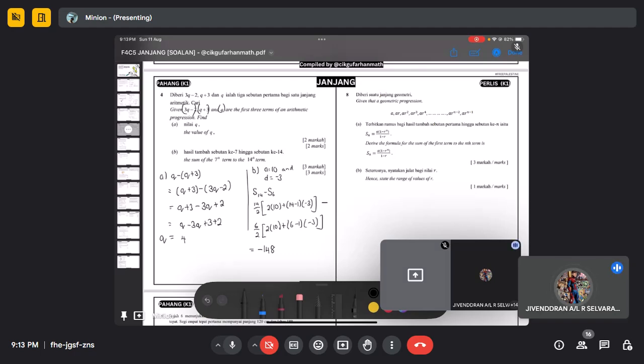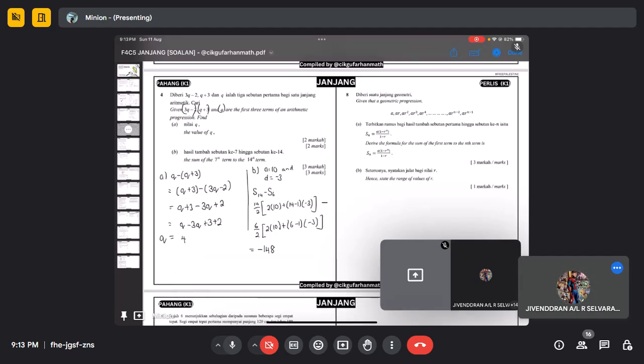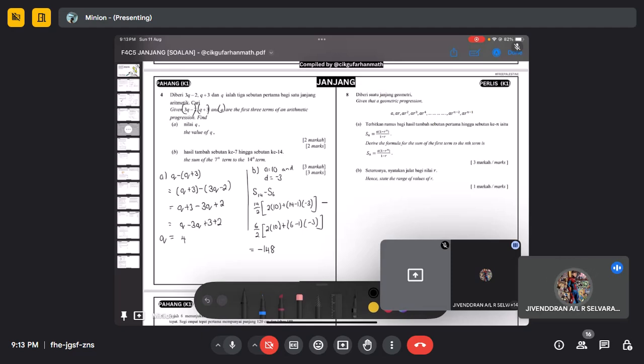Okay, and then for b they're asking for the sum of the 7th term to the 14th term, so there are 7 terms in between. So it will be S14 minus S6, because you take the total sum of 14 terms and then minus the first 6 terms, so you'll get the 7 terms.